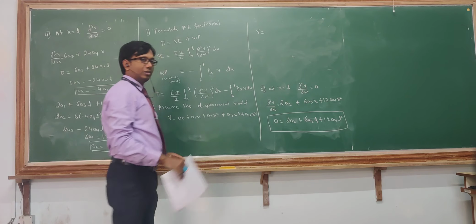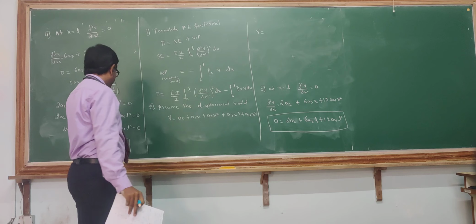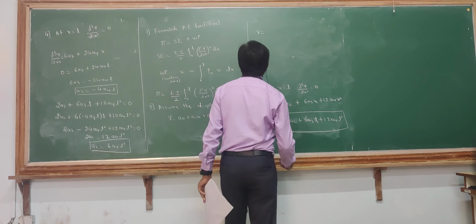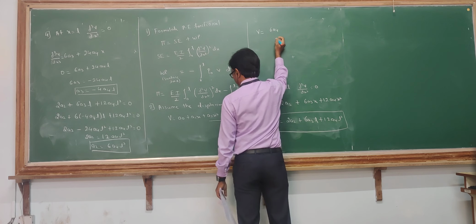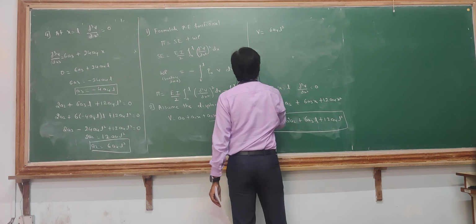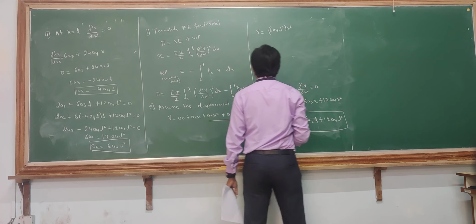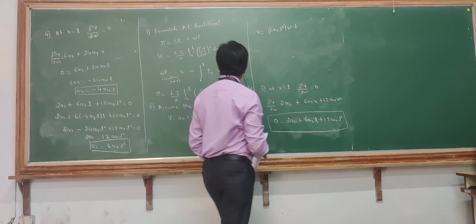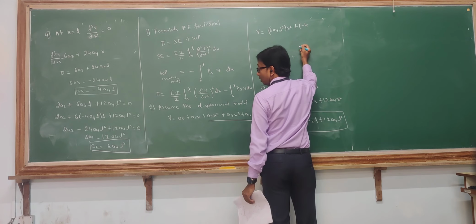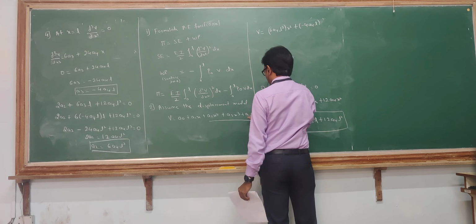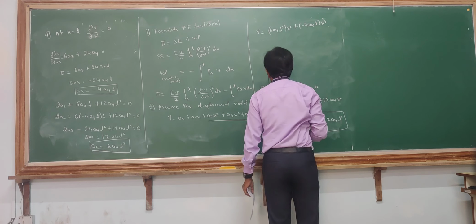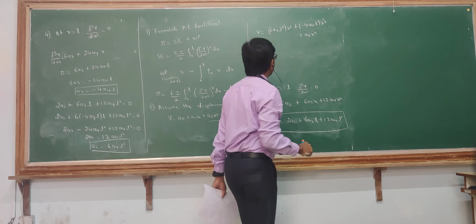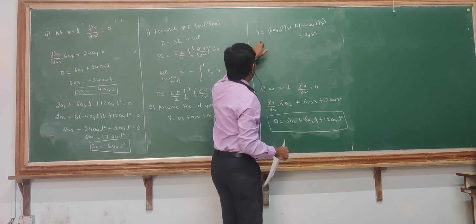A0 is 0, a1 is 0, a2 I got in terms of a4, that is 6a4L² times the remaining term x², plus a3, which I have in terms of a4, that is minus 4a4L into x³, plus a4x⁴. So I will simplify this.